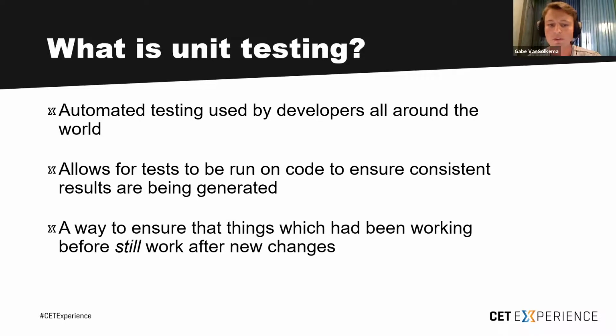Unit testing is a way to ensure that things which had been working before still work after new changes. So if you've been on a project before where over time the code just grows and grows and grows, and then there's more features and more functionality that gets added over time, requirements may change, products may change, and you find yourself breaking certain things that used to be working before, or you're trying to make some small change over in this section of the code, only to find that your small change affected something, or had an unintended consequence elsewhere.